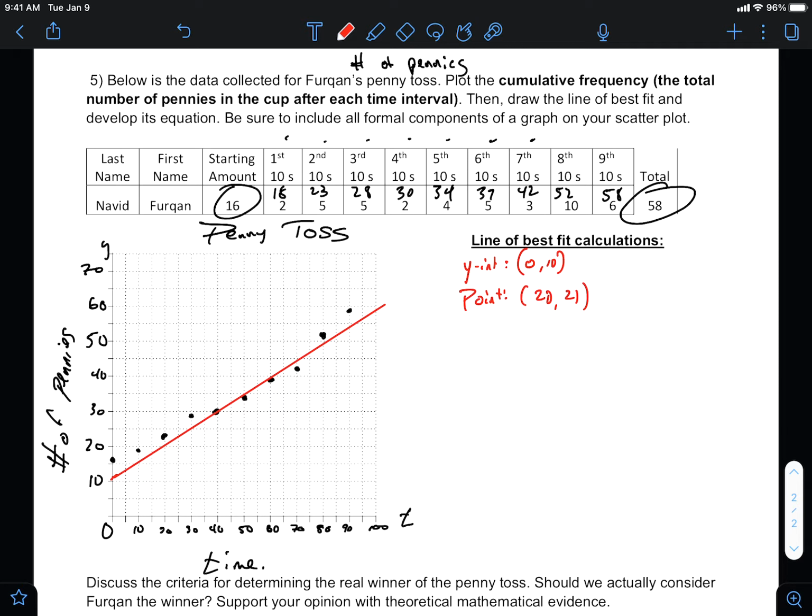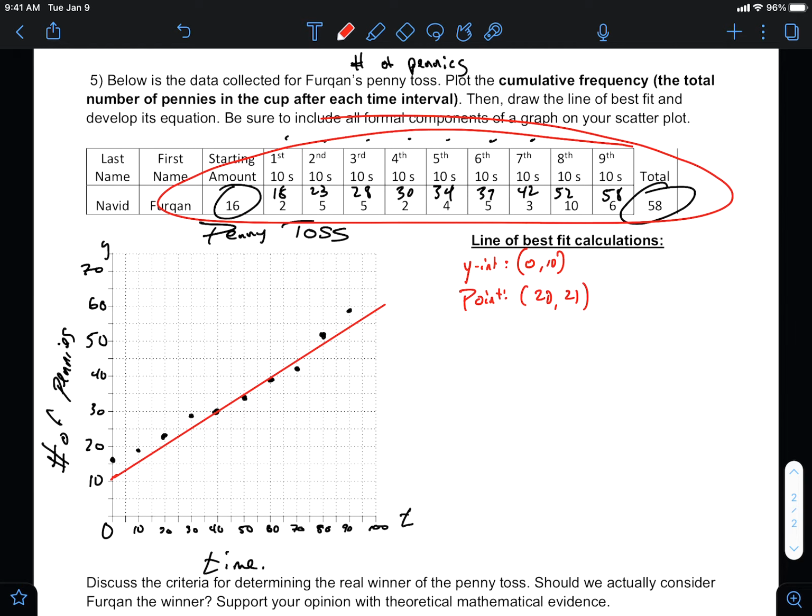Because it's a line of best fit, it's kind of a separate thing from your data. So don't pull a point off the data set. You have a different set of points for the line of best fit than the raw data. Try to find something on the line of best fit.